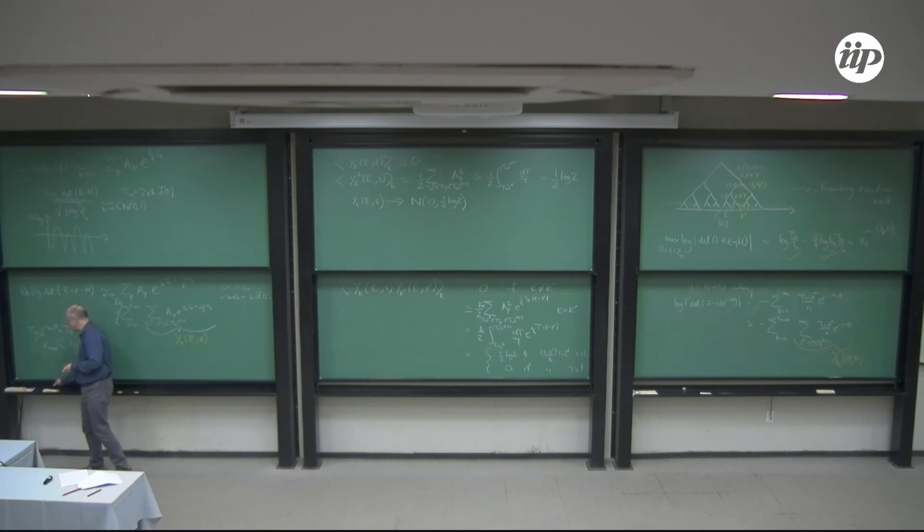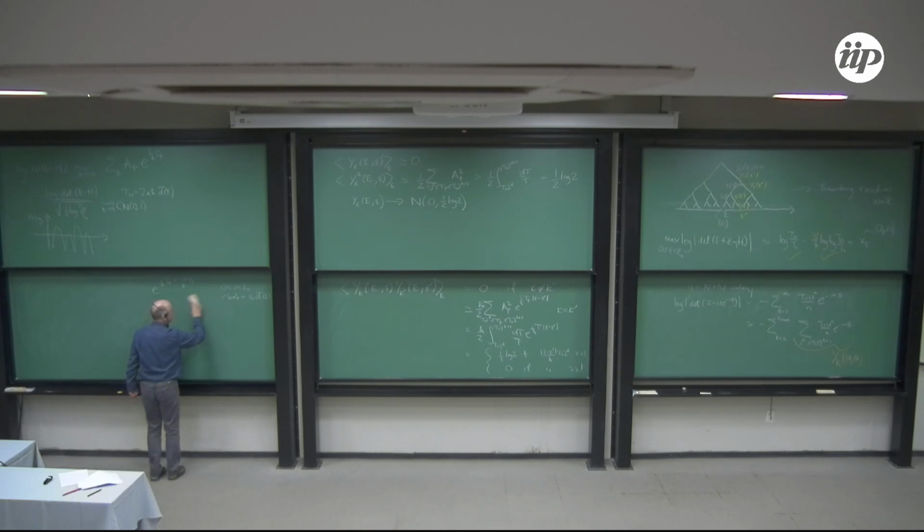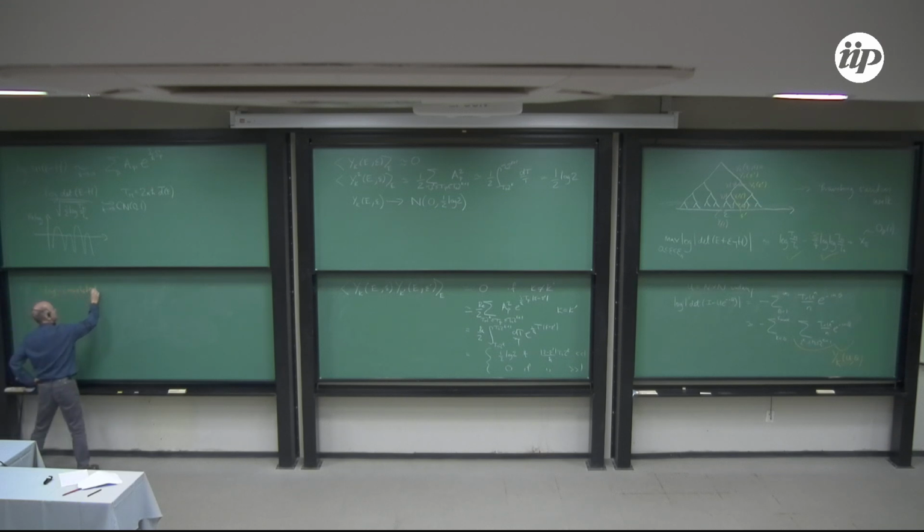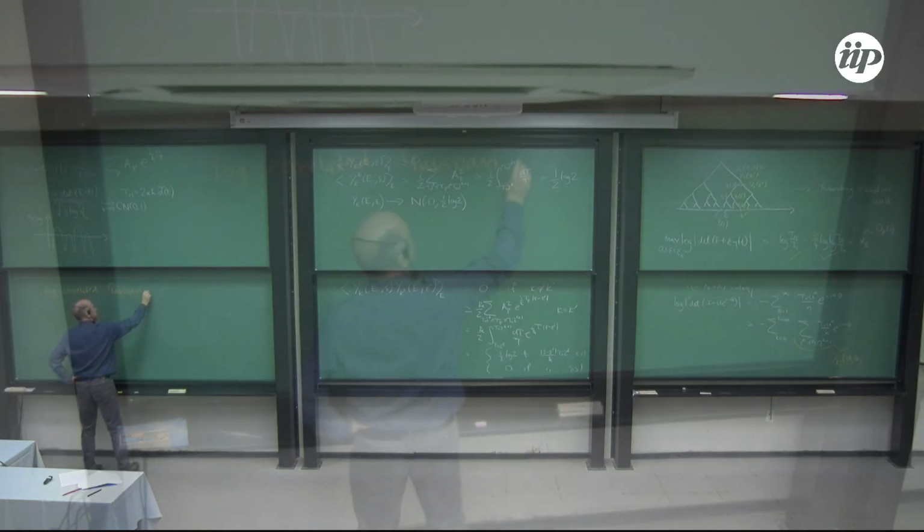Where does the branching random walk come from? Well, there's a very wide class of problems that probabilists and high-energy physicists have thought about for some years, and these are what you might call log-correlated Gaussian random surfaces.